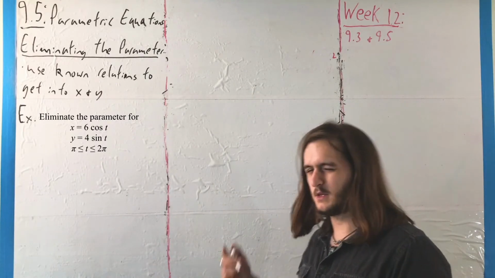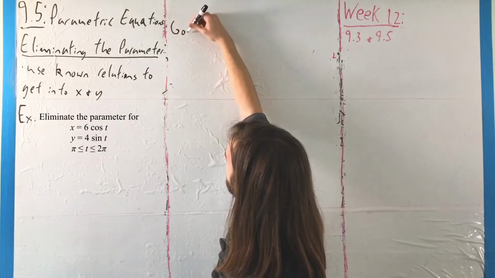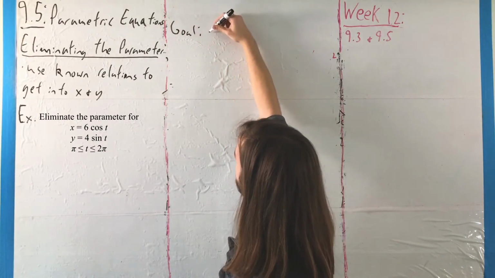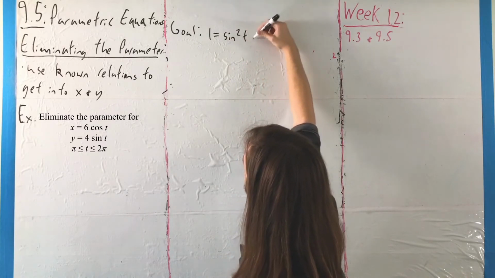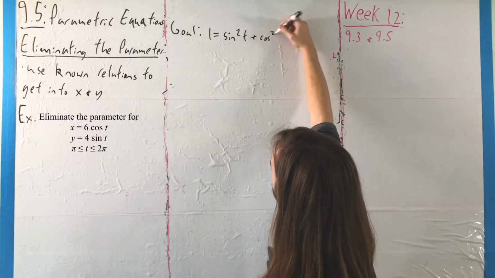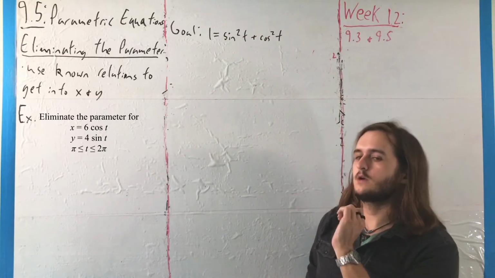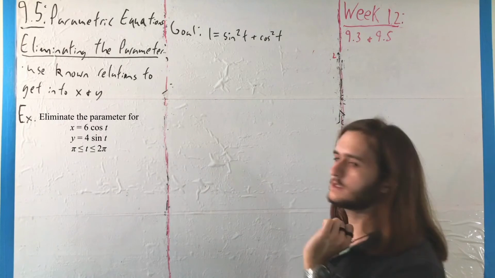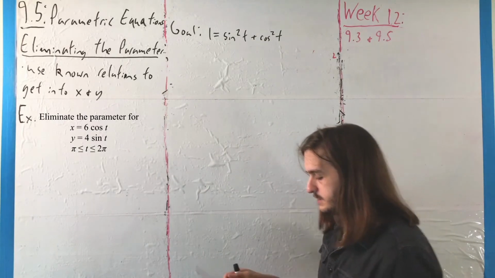Because we have something in terms of sine and cosine, we're going to build our approach around the Pythagorean identity. That is, 1 is equal to sine squared of t plus cosine squared of t. If we can get a sine and a cosine both squared, then we can make some replacements in terms of just x and y. And that's actually pretty straightforward in this case.